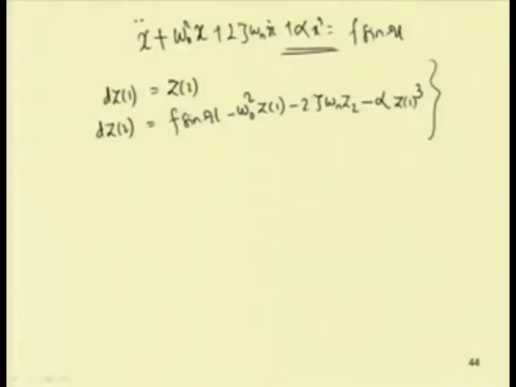Later, when we study different resonance conditions, we will know that this equation will have many different types of solution depending on the resonance conditions, and for a particular value of forcing frequency omega, it has several solutions.